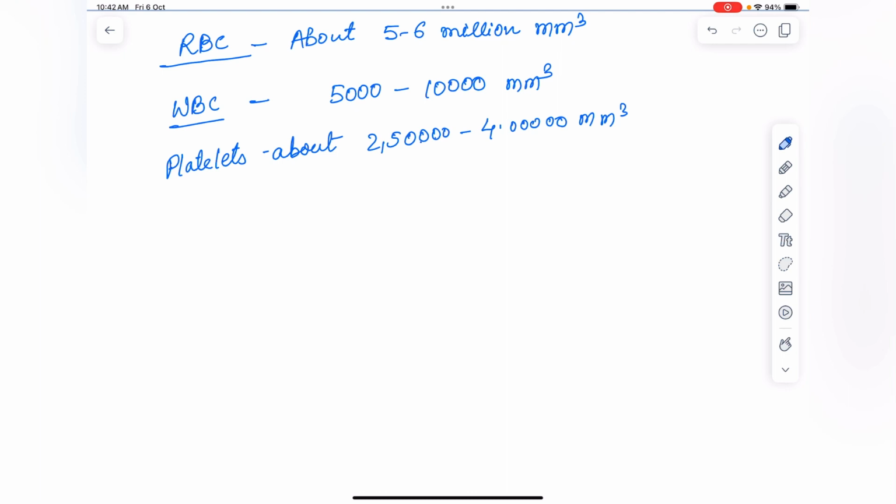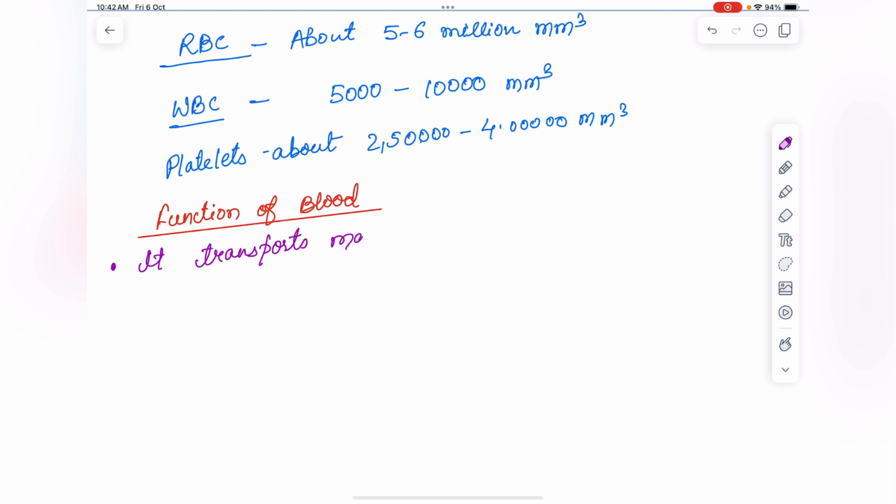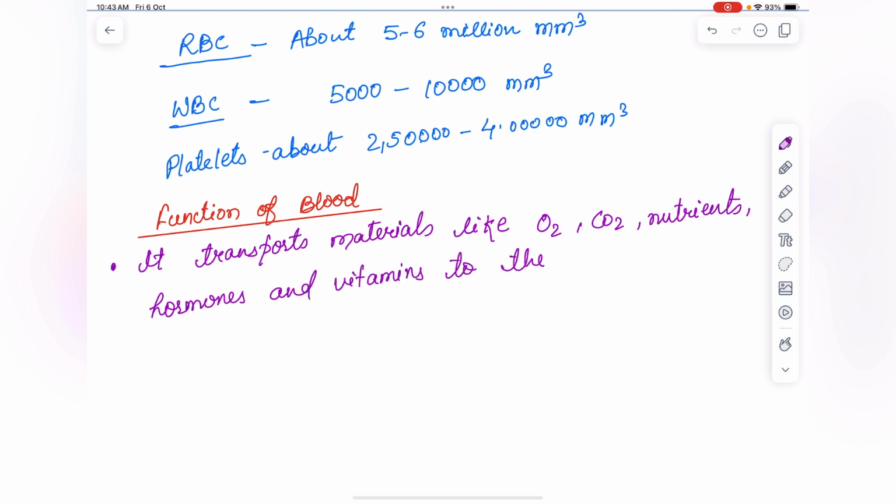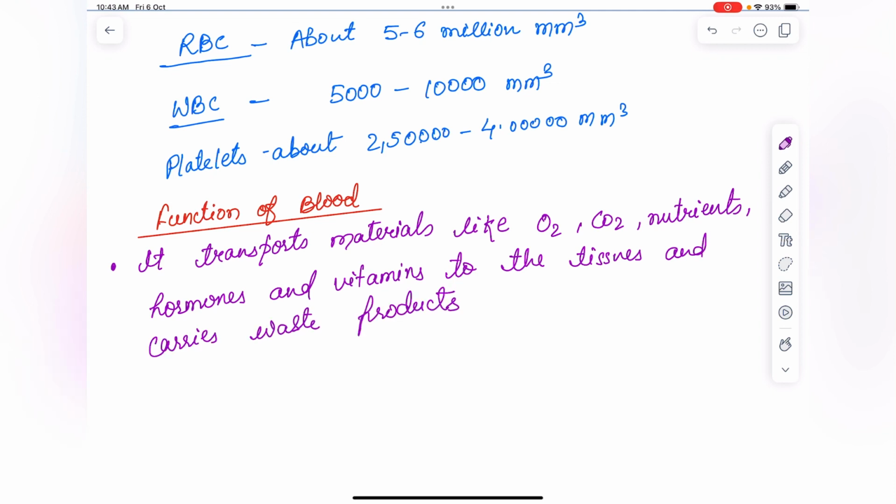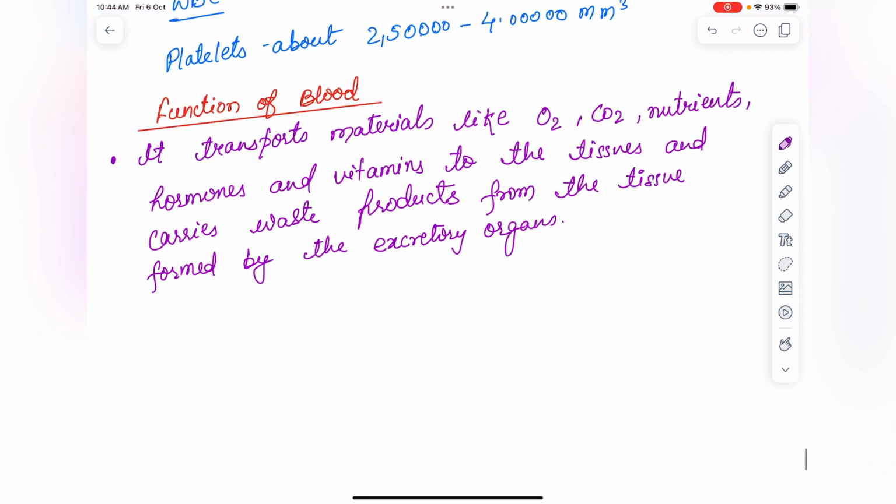Now we will see the function of this blood. So what does it do? It transports materials like oxygen, carbon dioxide, nutrients, hormones and vitamins to the tissues, and carries waste product from the tissues formed by the excretory organs.